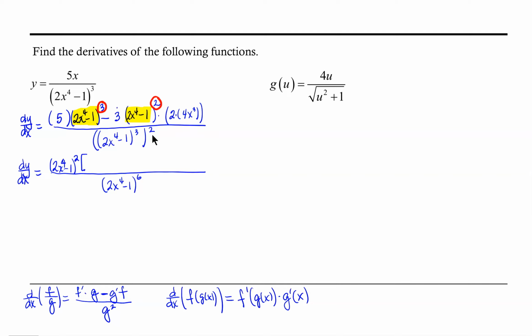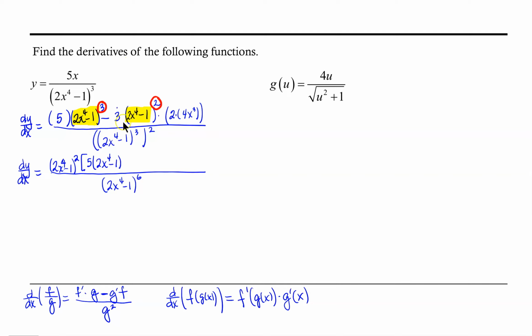Okay, so from our first term, we still have this 5. And we took 2 of these factors of 2x to the fourth minus 1. So there's still one of those remaining. So we will have 5 times 2x to the fourth minus 1.